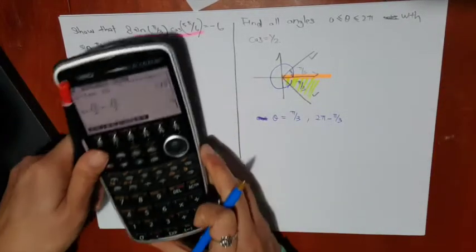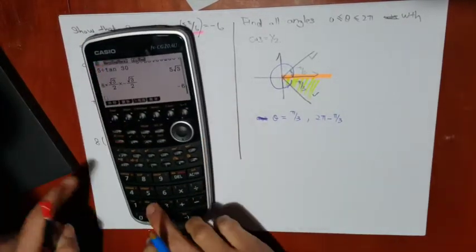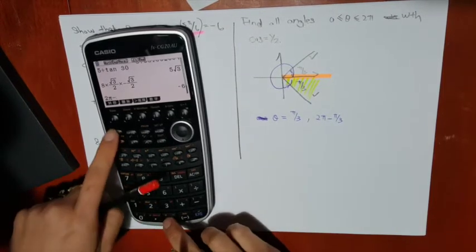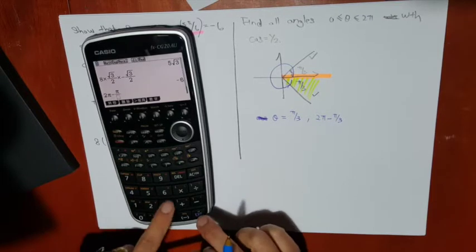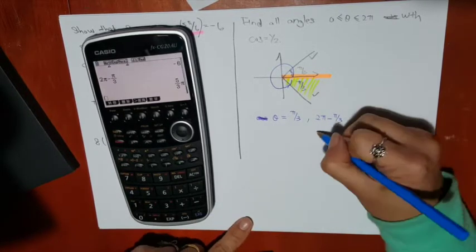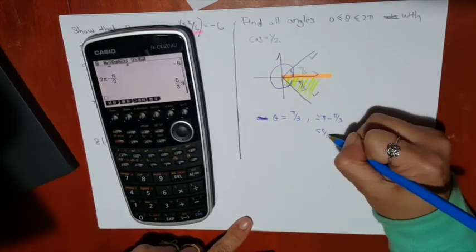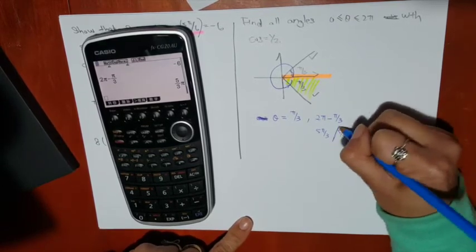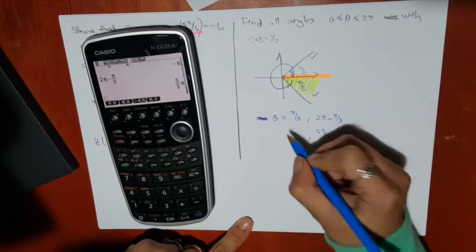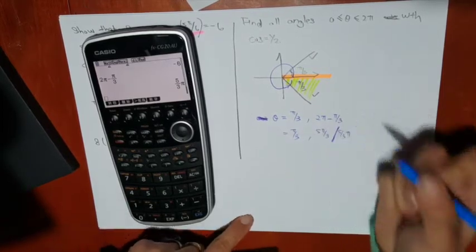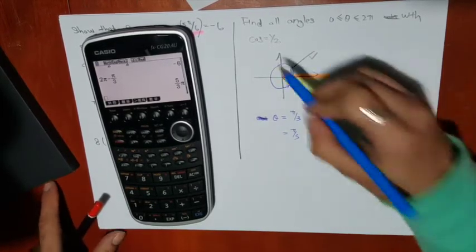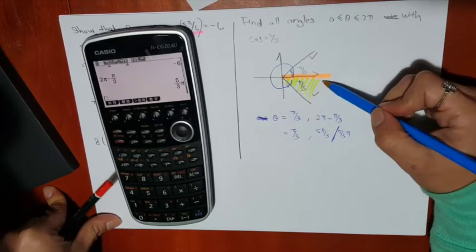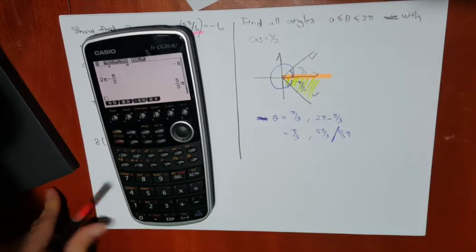So 2 pi take away pi over 3, we get 5 pi over 3. Or if you want to write 5 over 3 pi, that's fine. They are the same. And the other angle is pi over 3. So these will be all the angles from 0 to 2 pi with a cos of 1 over 2.